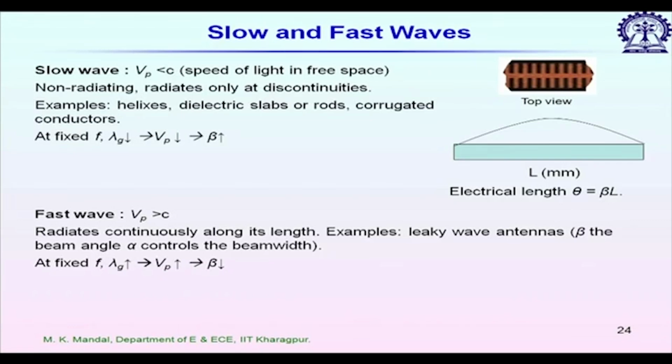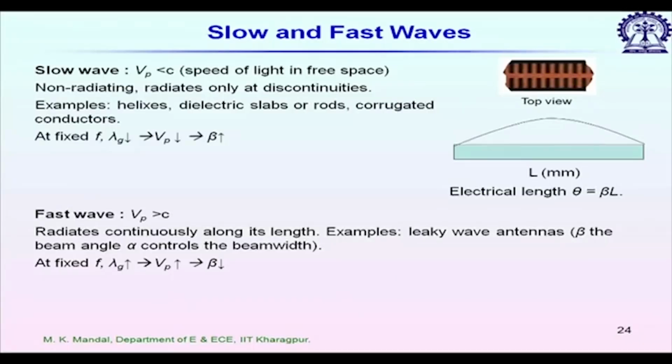Continuous scanning is possible by frequency sweep, and in that case the attenuation constant alpha of that wave will determine the beam width of the signal. So, we can control the beam width of such antennas as well as the propagation direction or beam angle. In this case, lambda g should be higher, since Vp is higher and beta is lower than k naught.